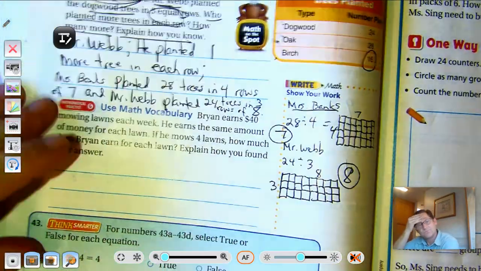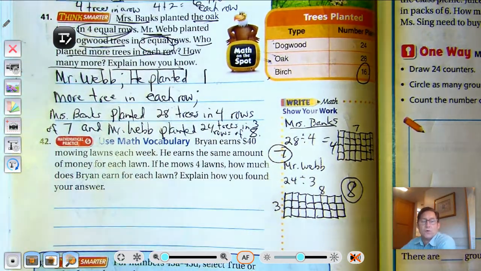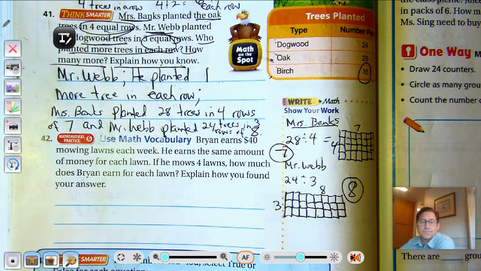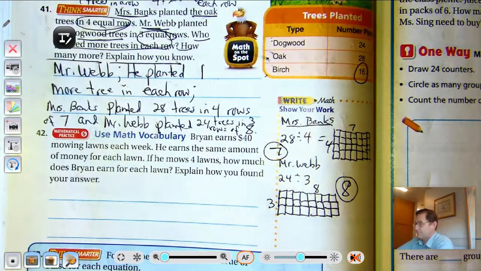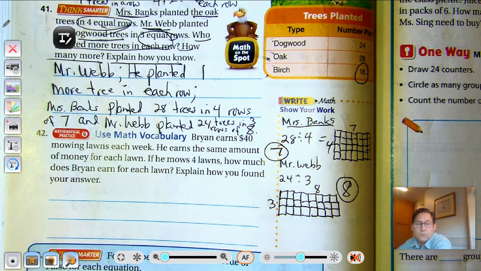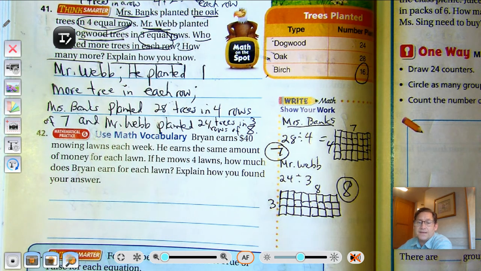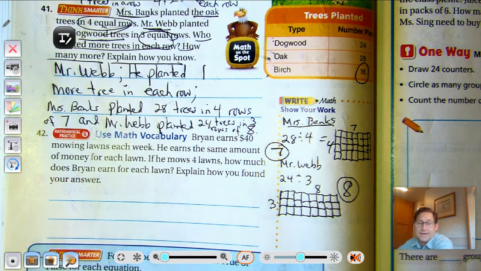Well, that's how we know. Mr. Webb planted more. He planted just 1 more tree in each row. And Mrs. Banks planted 28 trees in 4 rows of 7, and Mr. Webb planted 24 trees in 3 rows of 8.